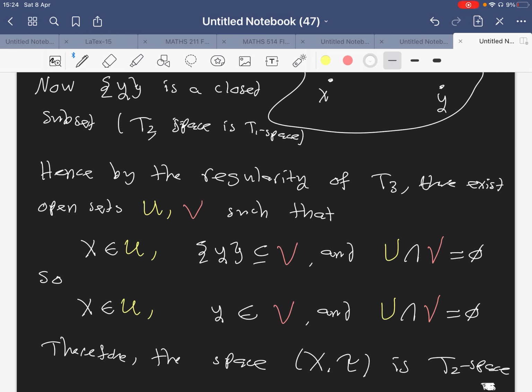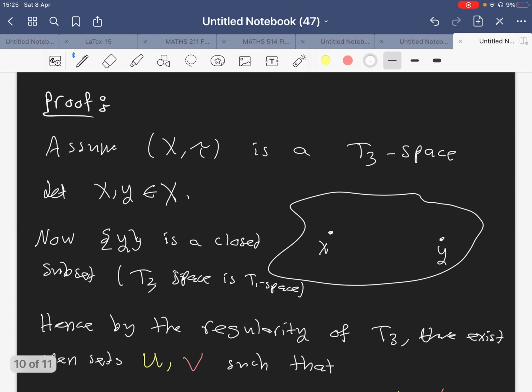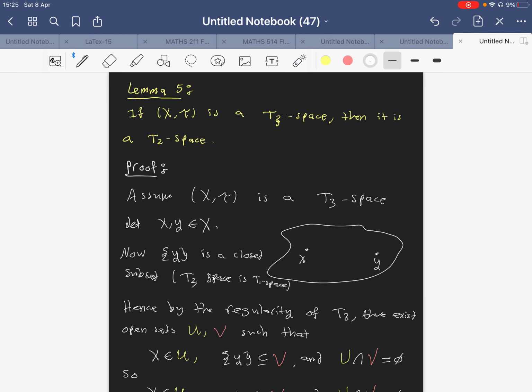Okay, so far so good. The final thing we want to show is an example. In lemma number 5, what we said, all in all, is that if we have T3, we get T2. Now, how about the opposite?